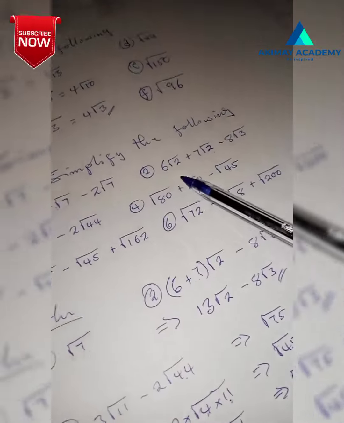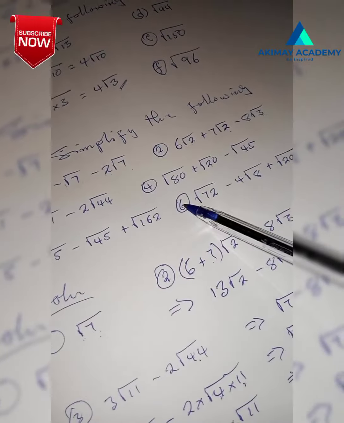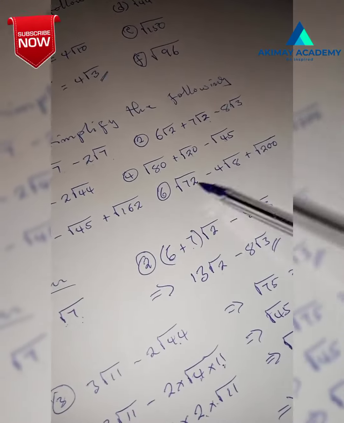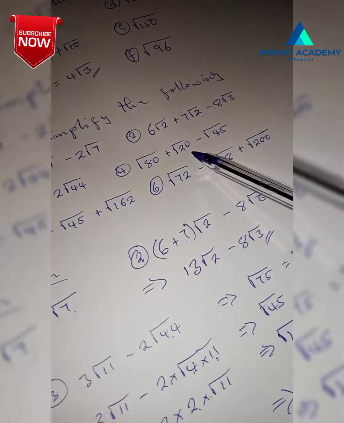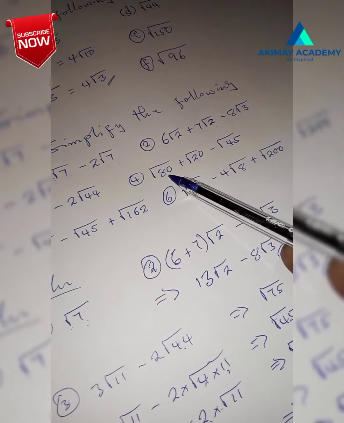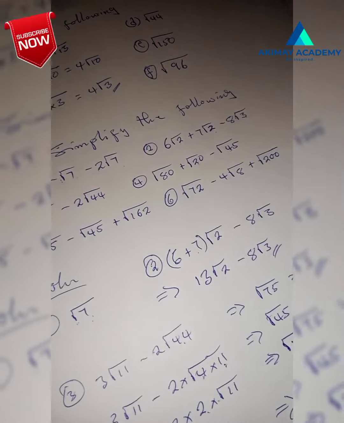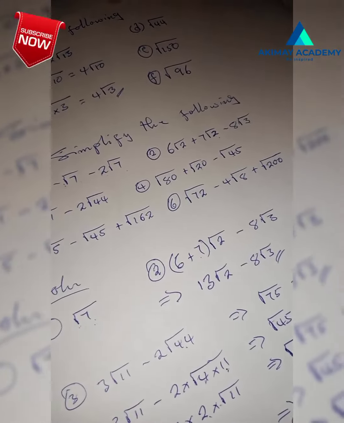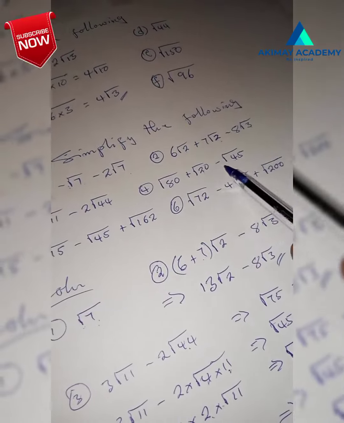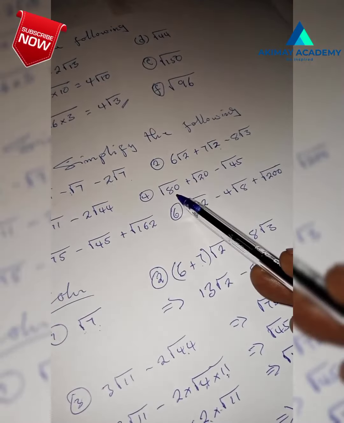Okay, good. So here we have these two examples, question number 4 and 6. Reduce them. If you check this particular problem very well, you could see that we can get one non-perfect square number which will be common through them.